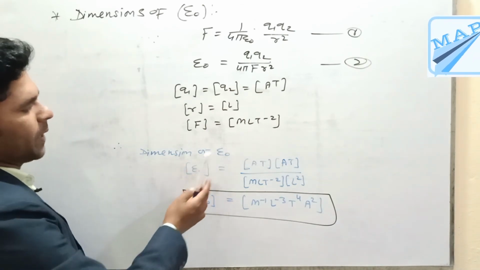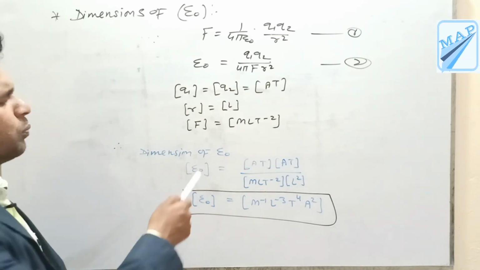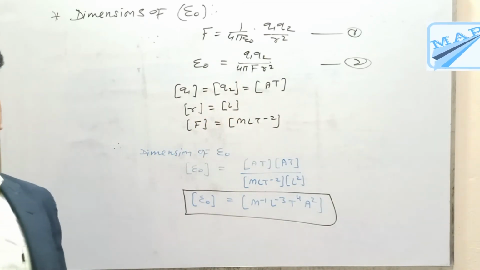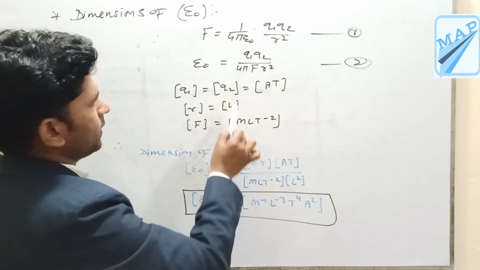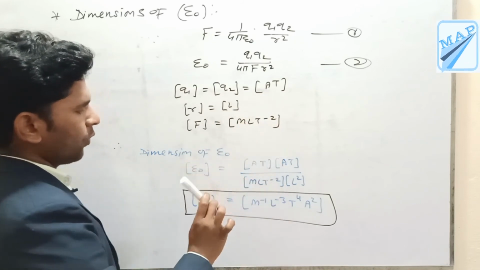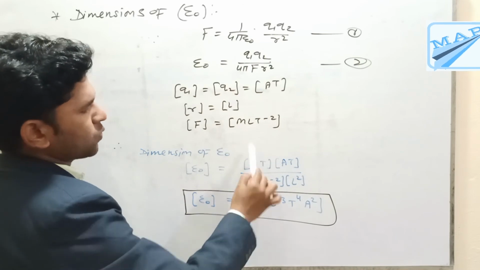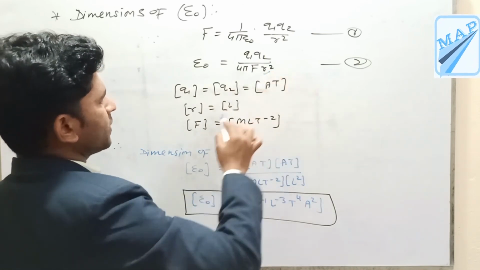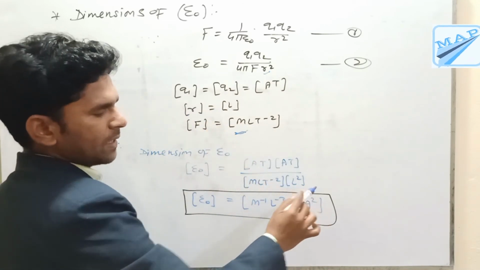So the dimension of epsilon naught: putting these values in the equation, 4 pi is a constant and has no unit, so Q1 is [AT] and Q2 is also [AT], F is [MLT^-2], and R square is L square.